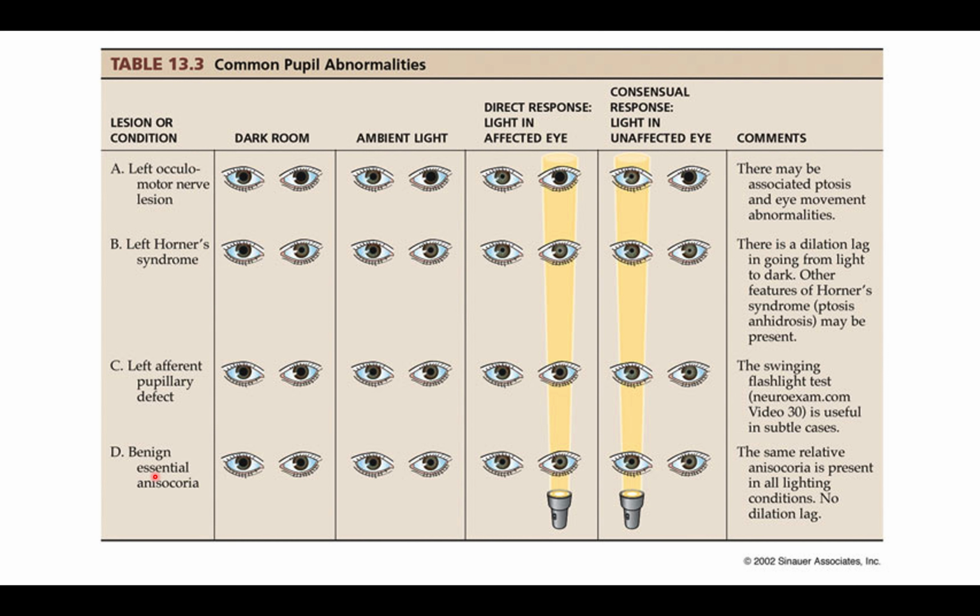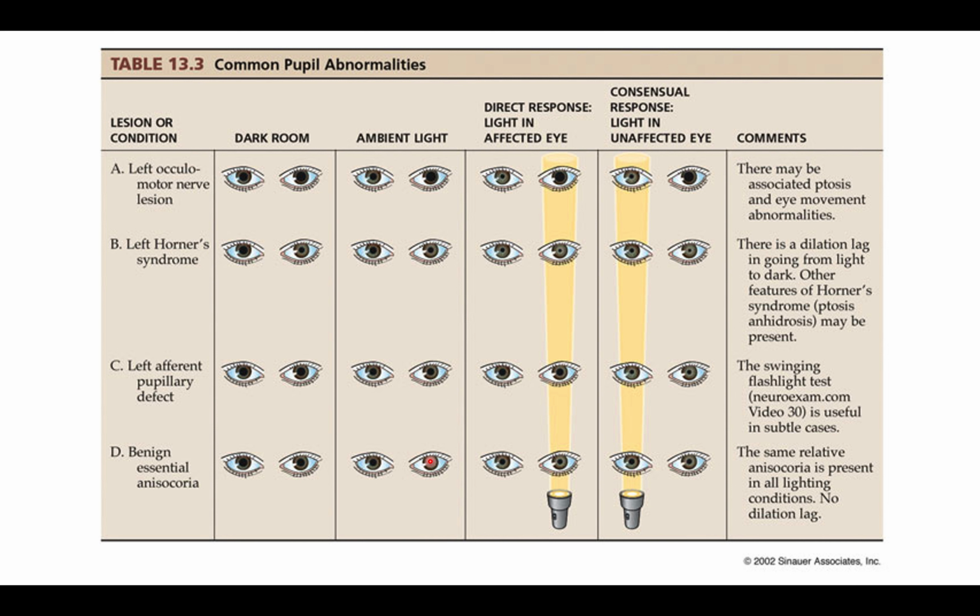And the last one is benign essential anisocoria, where there is a fixed difference in the pupil sizes. Normally a person has the same pupil size, but in anisocoria the pupil sizes are not the same for the two eyes.